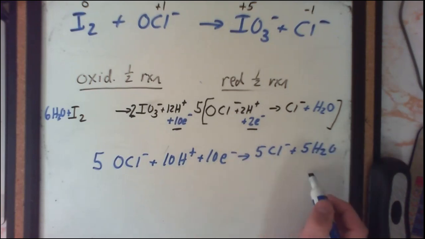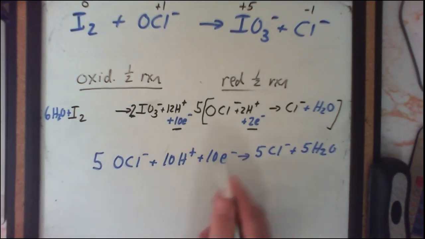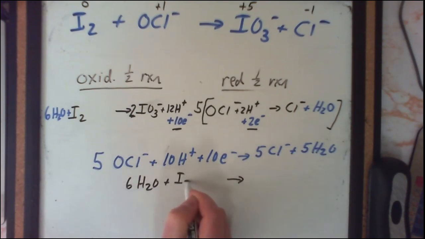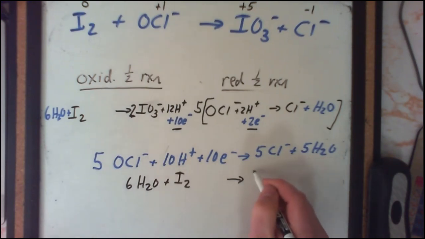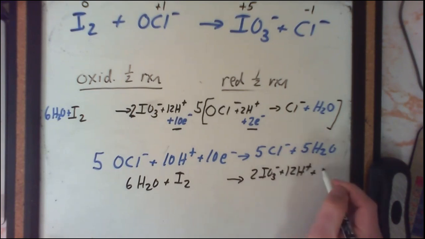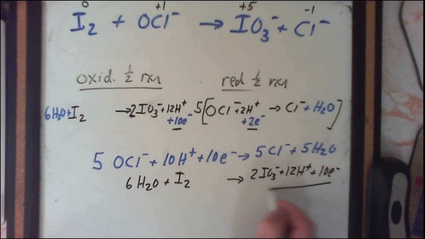So that's my reduction half reaction. Then I add that to my oxidation half reaction. So if I try to line up the arrows, we get 6 water molecules plus 1 iodine molecule produces 2 iodate plus 12 hydrogen ions plus 10 electrons.